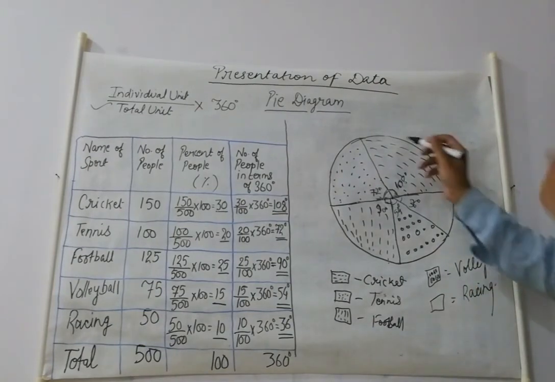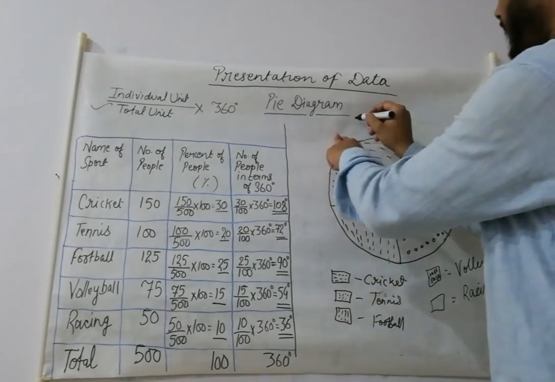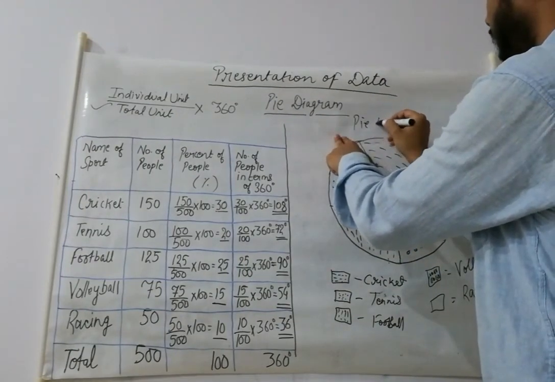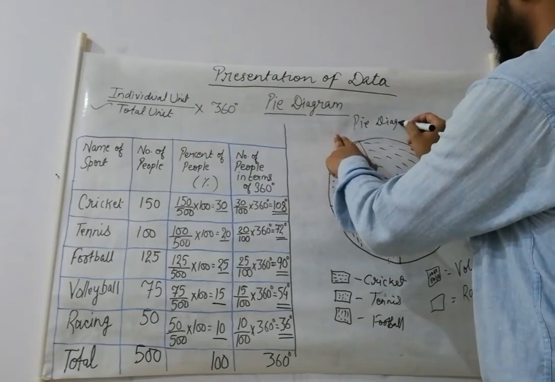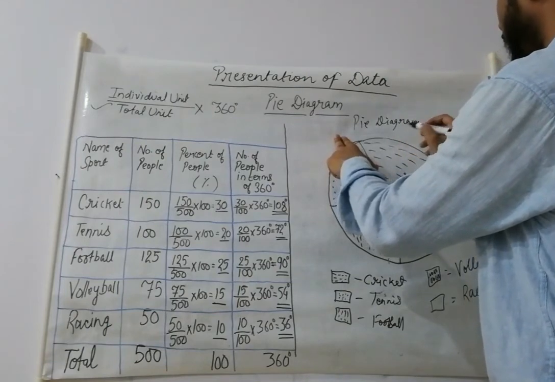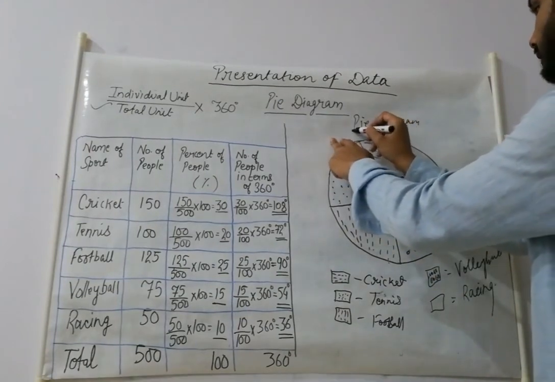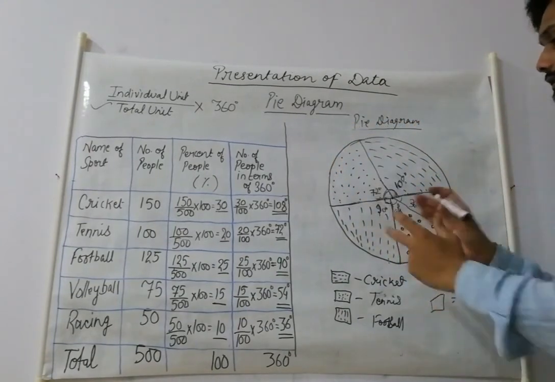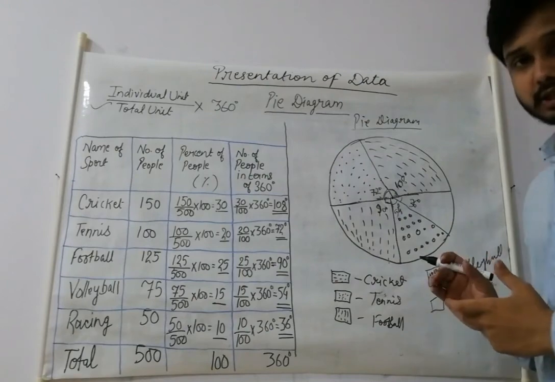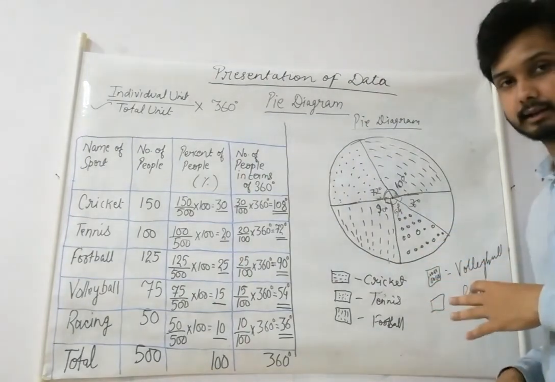Okay, give the heading of the diagram, that pie diagram, you can write: representing number of people liking sports. And this is the complete process, students, of how we can make the pie diagram.